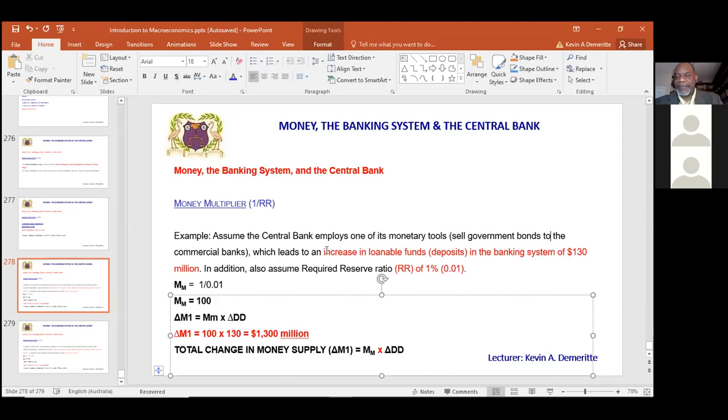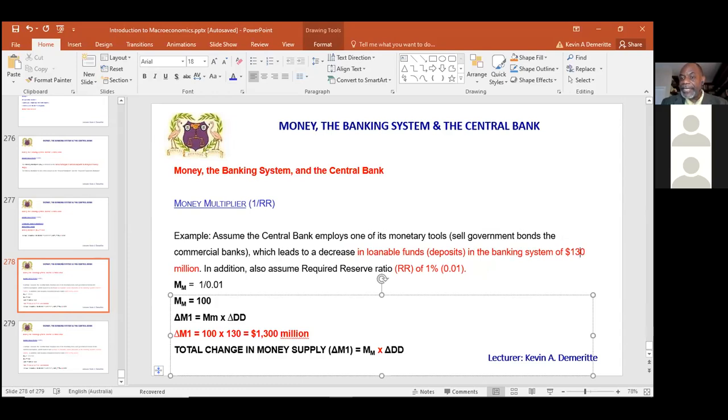Less. Because you now have the car and I got the money. So similarly, if the central bank were to sell government bonds to commercial banks, this would lead to a decrease in loanable funds in the banking system.